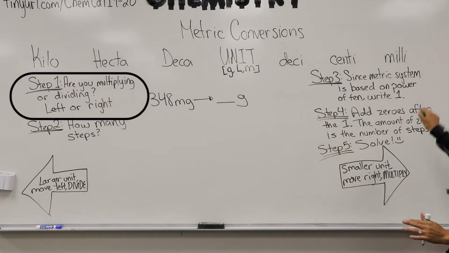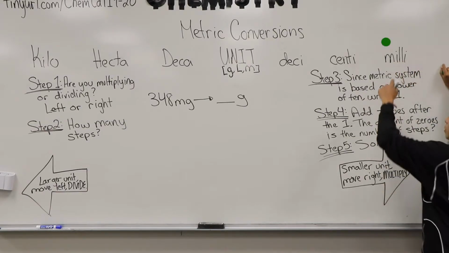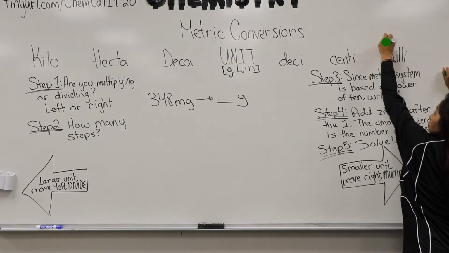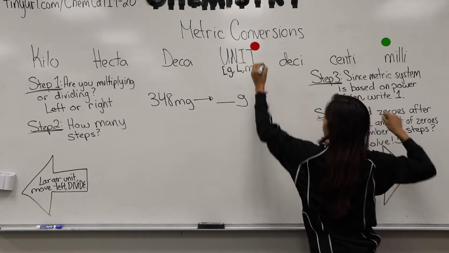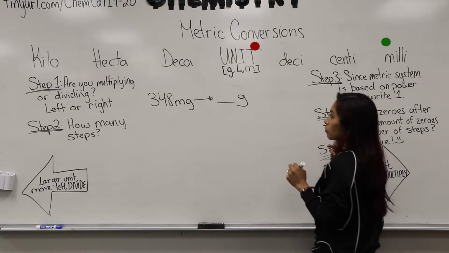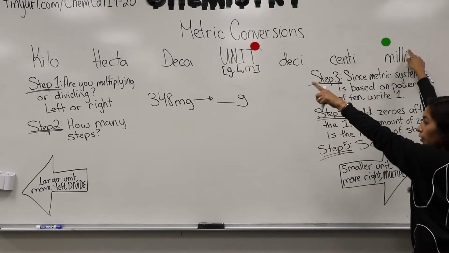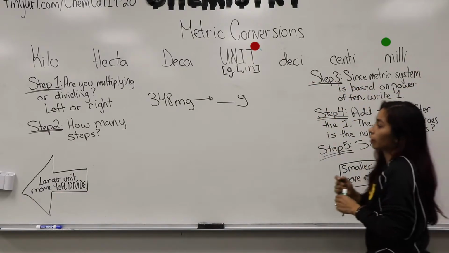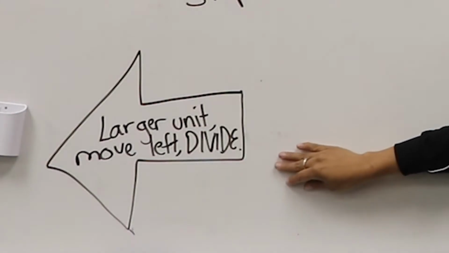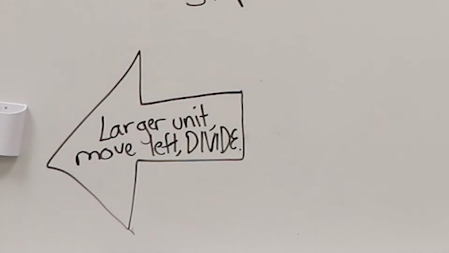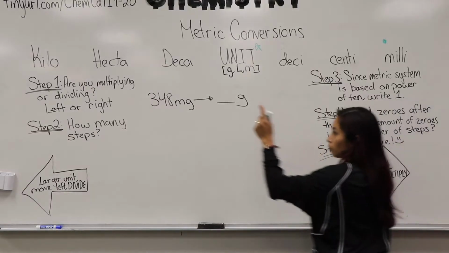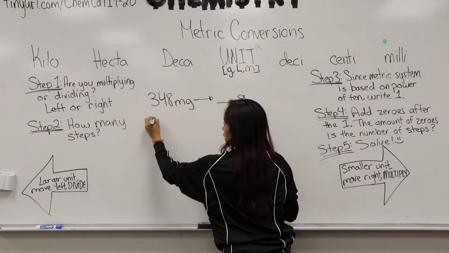Well, milligrams is right over here because of the M. So we're starting right over here, and we want to go to grams, which will be right over here. If we're going to the left side, that means we're going to a larger unit, which means we have to move to the left. Therefore, divide. So to answer our question, we have to divide.